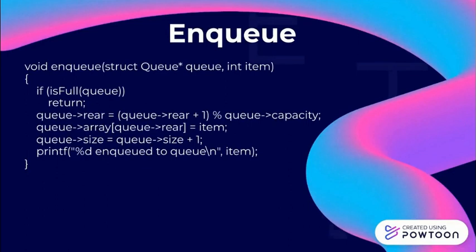And in the next line we are going to assign the item to the rear pointer. That's what is mentioned in this code, and after that we are going to increase the size by 1, so the queue size is incremented by 1, and after that we are going to print that the enqueue operation is performed.